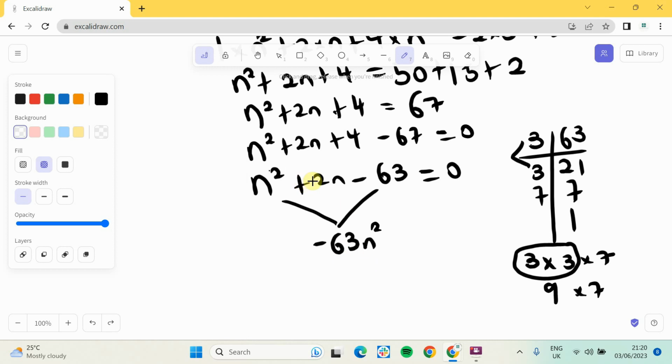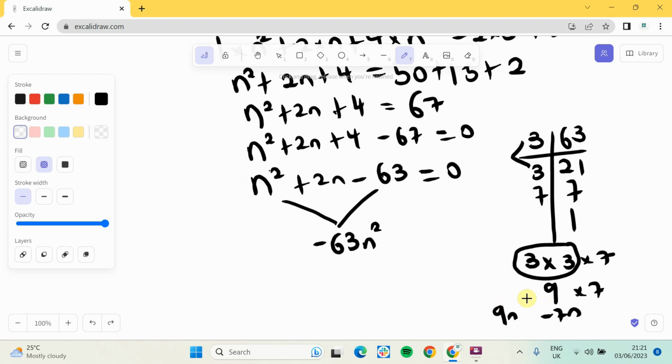And I also need plus 2n. So if I say 9n and minus 7n, would this work? Let's see. 9 times 7 is 63, n times n is n squared, minus times plus is minus. Great. 9n minus 7n, right, that will give us 2n. So this is very perfect, right? So the two numbers that we're going to replace the 2n with will be 9n and minus 7n.